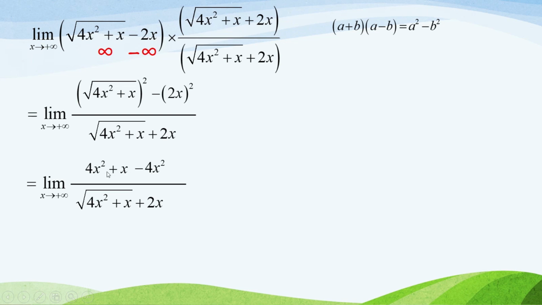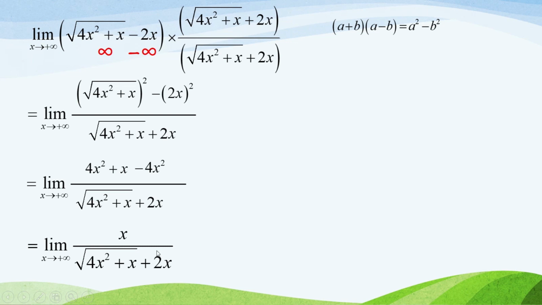So 4x squared minus 4x squared is 0, and the answer is the limit as x approaches infinity of x over the square root of (4x squared plus x) plus 2x.